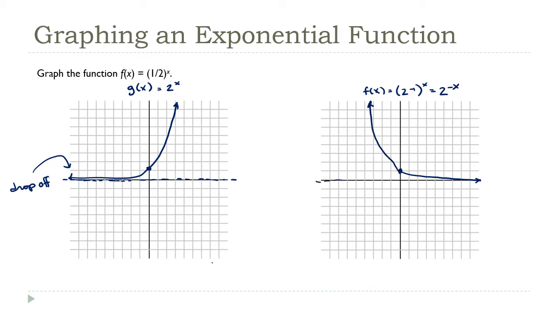There was no translation here, right? So the asymptote stays exactly where it was. Okay, so that's first, yet another application of these transformations we've talked about. And second, this is what happens when you have a base that's between 0 and 1.